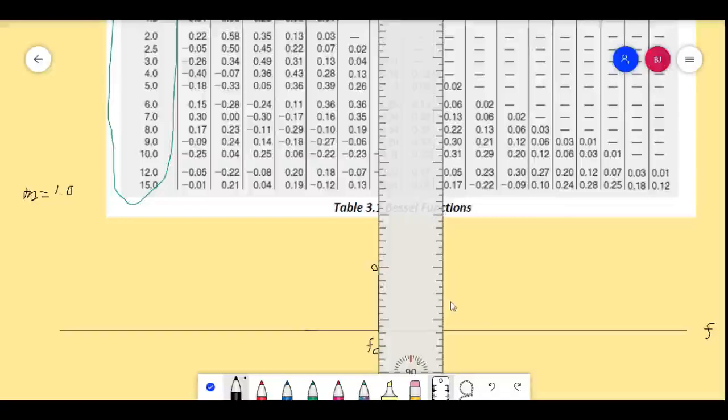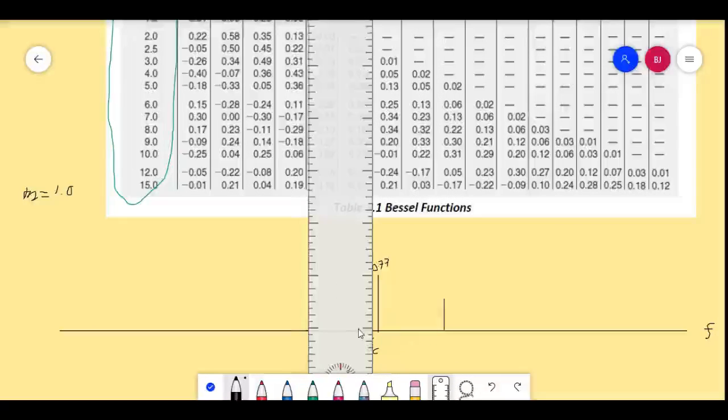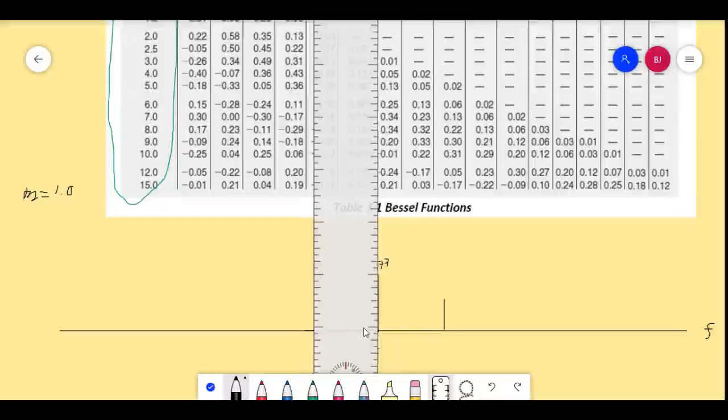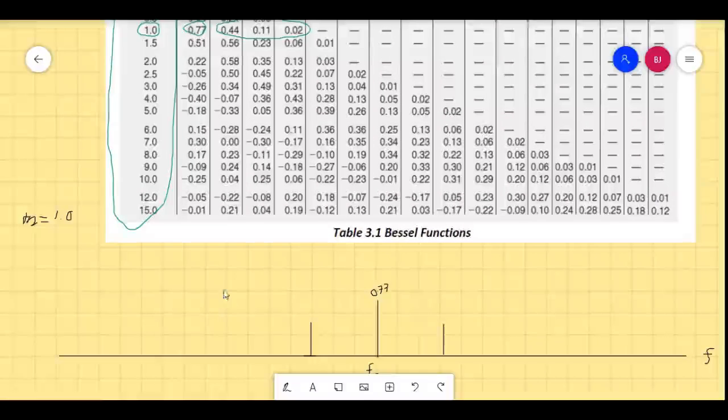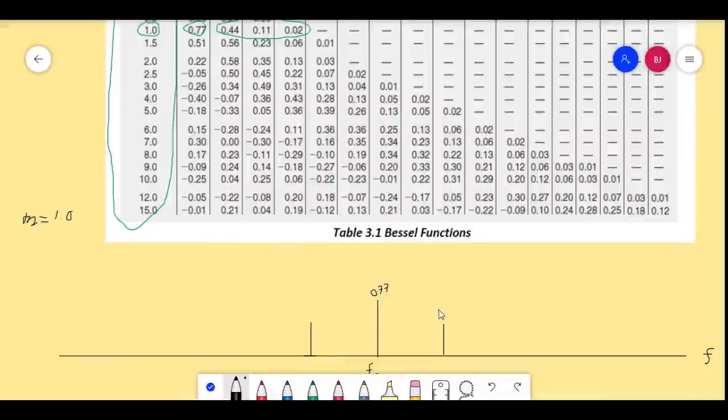That will be around half. That really doesn't have to be exact. So this would be our first set of sidebands having a height of 0.44. We should not forget putting in the height here.